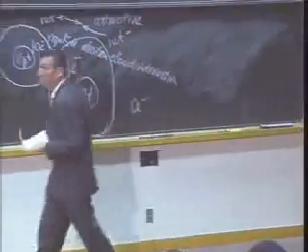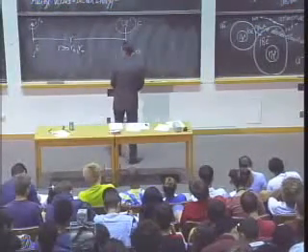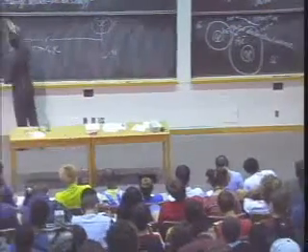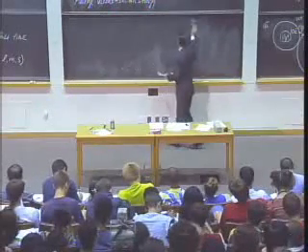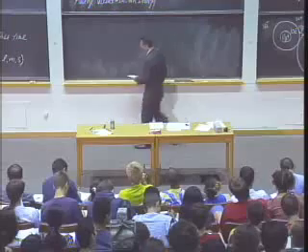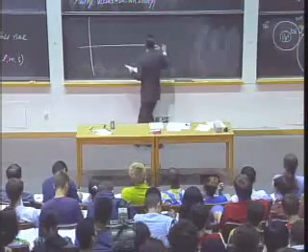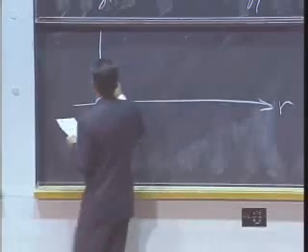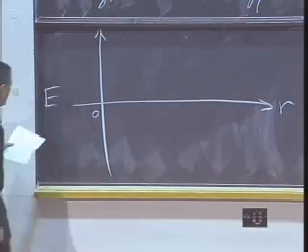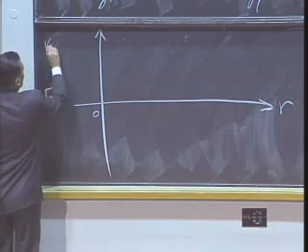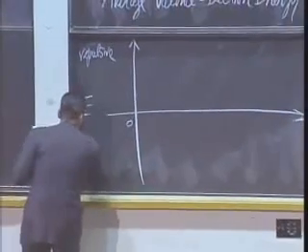So what we're going to do now is look at the energetics associated with that. And that's given as follows. I want to plot energy in this system as a function of interatomic spacing. So the x-axis is interatomic spacing, and the y-axis is energy. Positive energy is repulsive, and negative energy is attractive.